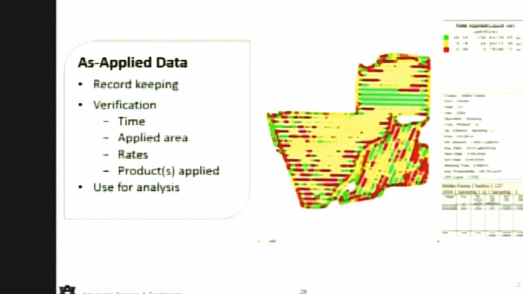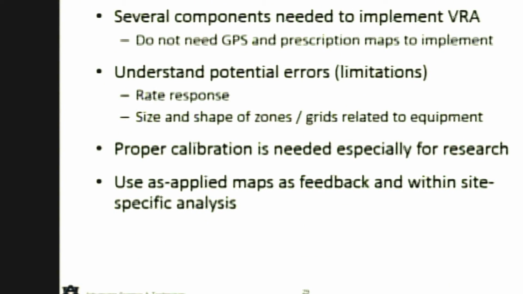We're starting to see a lot more of this used as a means to do some on-farm testing, but you've got to know what you put out there in order to make sure that what you're measuring is what you think you're measuring. So with that, we talked a lot about components of variable rate applications, specifically the technology. We didn't get into the zones and grids.